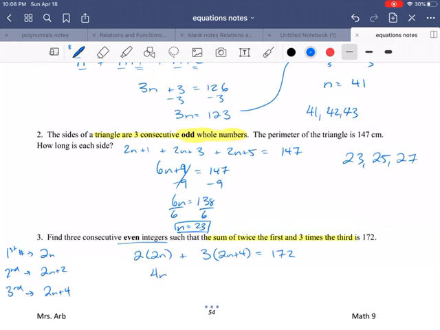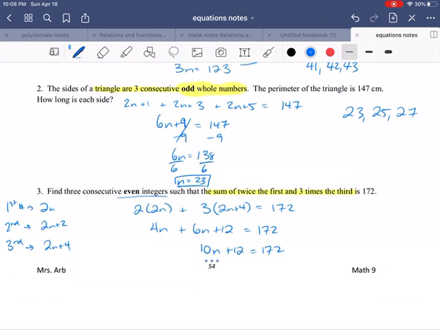So expand: 4n plus 6n plus 12 equaling 172. So 10n plus 12 equals 172. Subtract 12, 10n equals 160, which means n is equal to 16. So if the first one's 16, the next one's 18, and the next one is 20. There's your answer.